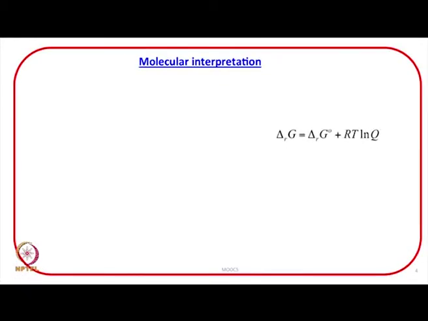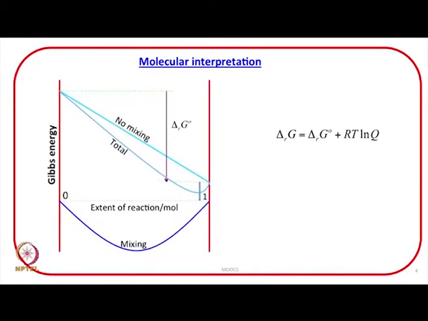Let us continue with the molecular interpretation, depending upon whether the equilibrium is lying close to product or close to reactants. Now, let us take a look at this figure. In this figure, without mixing, you see here the slope is more negative.